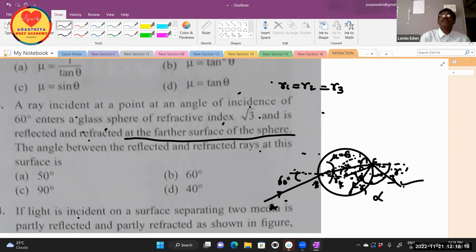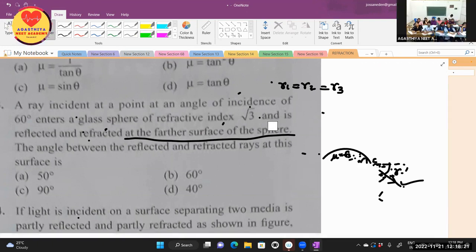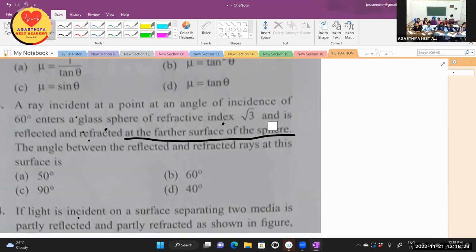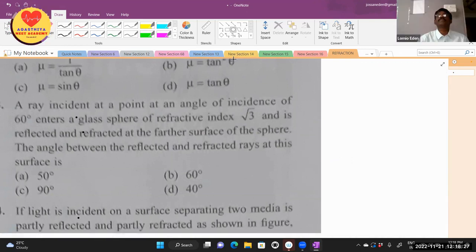Again I will redraw the diagram for your convenience. I need to draw it a bit bigger.